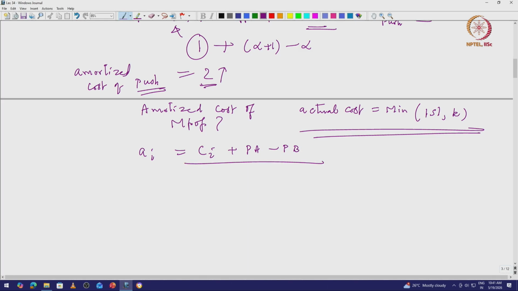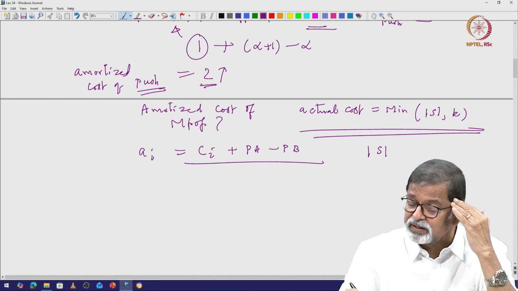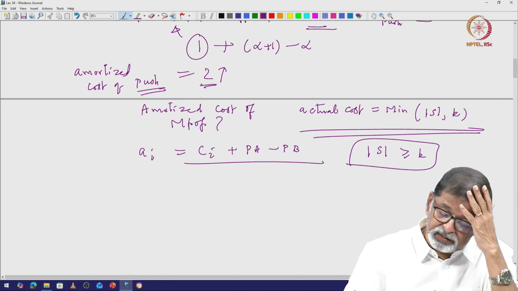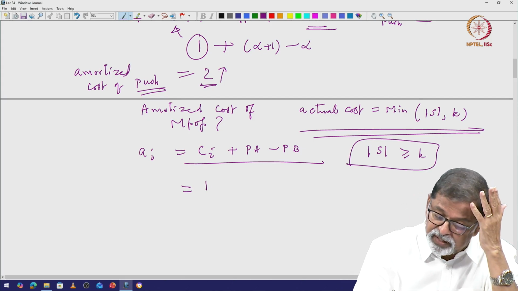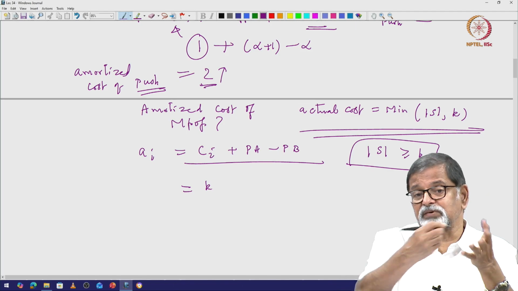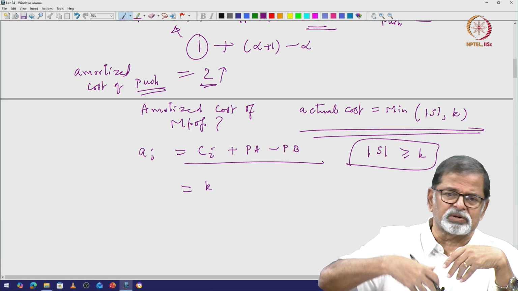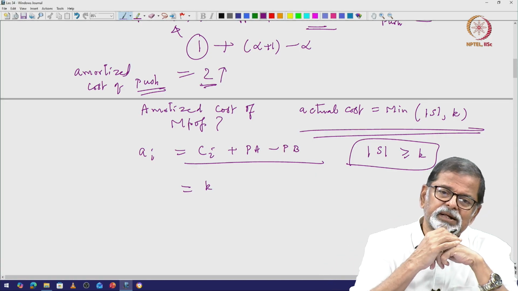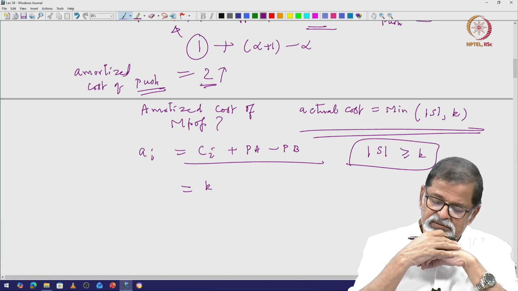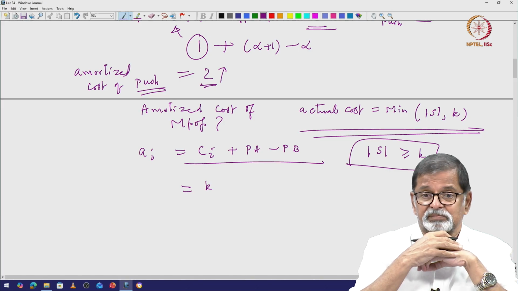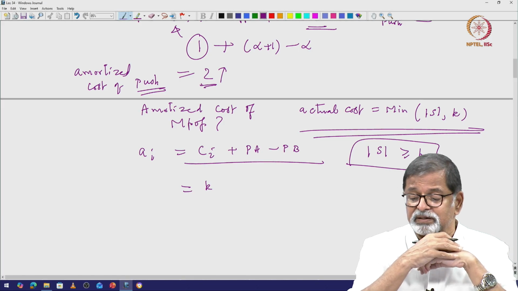We will consider 2 cases. Cardinality of S is greater than or equal to k. In that case actual cost will be k because you have k elements. So MPOP k, you have k elements, so you are going to throw k elements out, and therefore it is k. What is potential after?